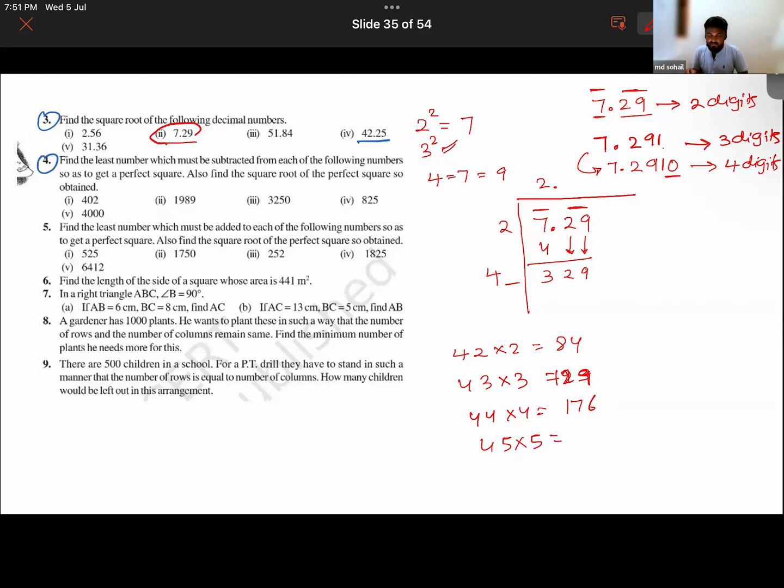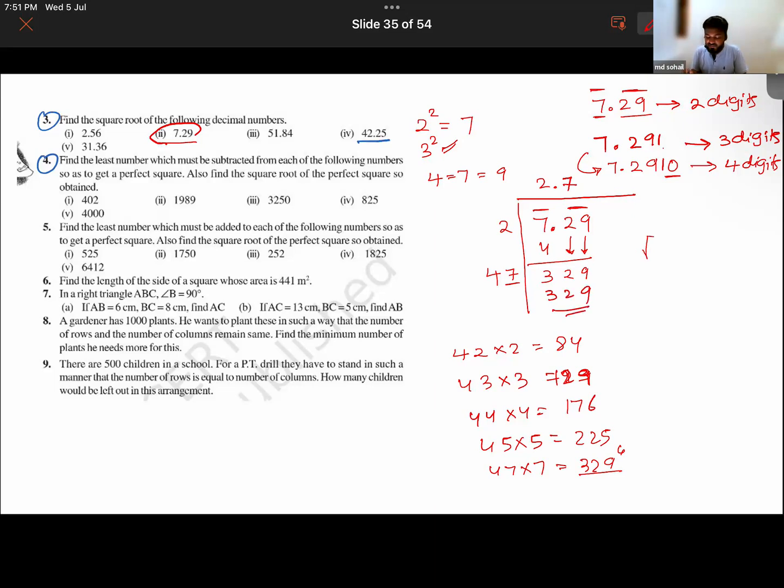You guys tell me which number shall we take here? What about 47? That gives me 329, right? Yes, sir. So we are going to take 7 here. So 47 multiplied by 7 gives me how much? 329. So that is the required number.